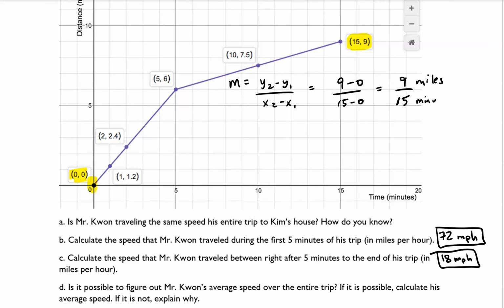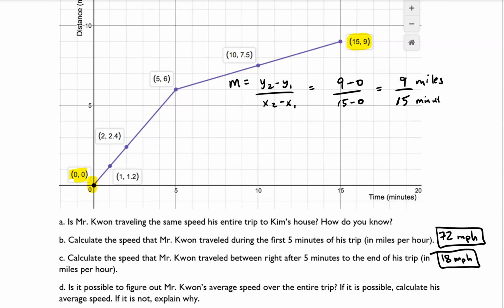of 15 minutes. Now I'm going to erase that really quickly and just illustrate what it is that I'm calculating. This here, so let me pull out my ruler. So I'm connecting these two ordered pairs, the first one and the last one basically, with this red line. And this is a special line called a secant line.